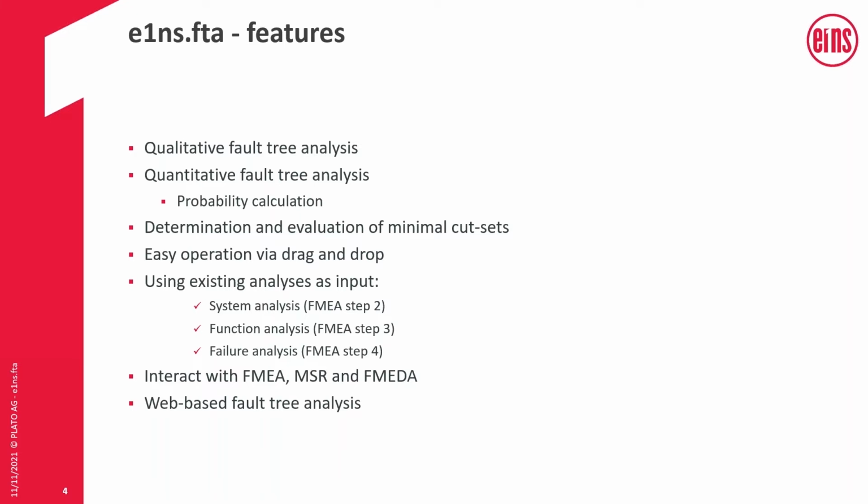Like I said before, we also are able to interact with FMEA, with the specific MSR FMEA and with Fmeter. And like all other e1ns modules, e1ns FTA, of course, is also 100% web-based, so you only need a browser to use this new tool.